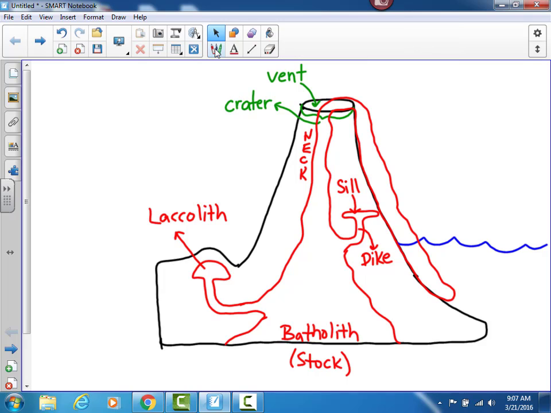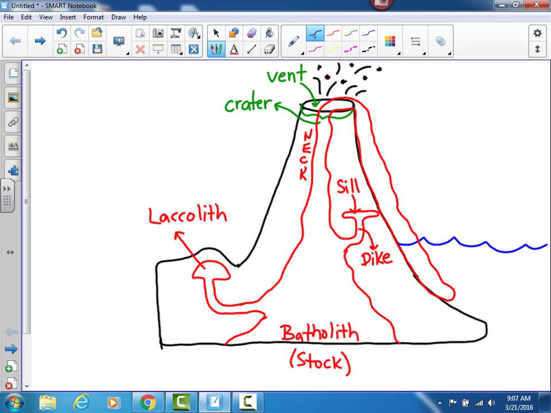Or if it was more of a pyroclastic eruption, you might have little pieces of rock and ash flying up the top of the volcano here. All those different sizes of tephra that we talked about.